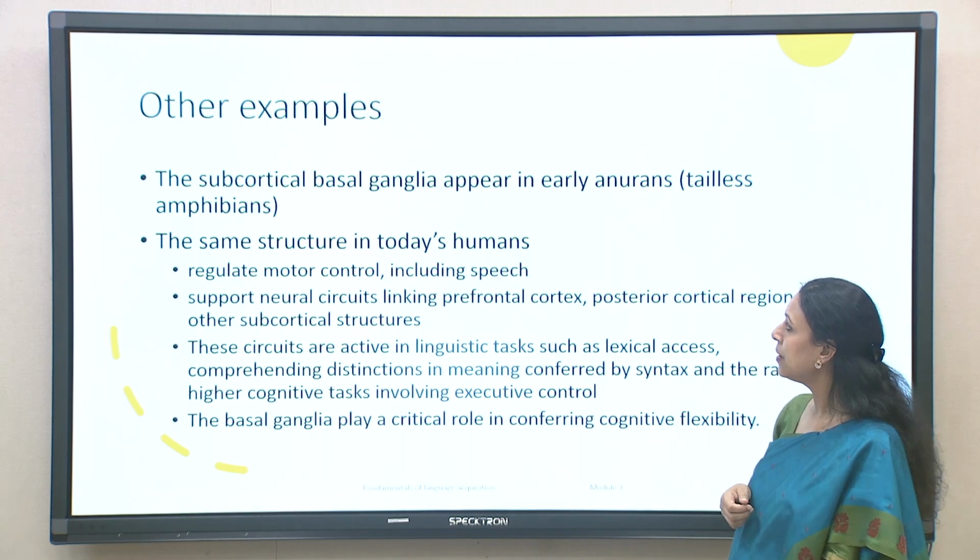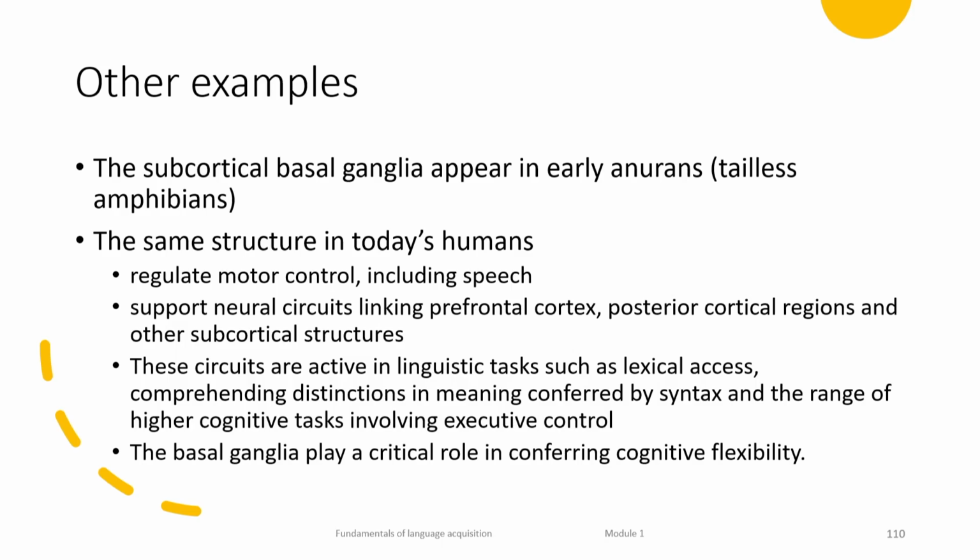Another example that he gives is the subcortical basal ganglia that appear in early anurans, the tailless amphibians. This goes back all the way to that time, but the same structure has a different purpose in today's humans. It regulates motor control including speech, not just speech, but many other motor controls. Similarly, this supports neural circuits linking the prefrontal cortex, posterior cortical regions and other subcortical structures.